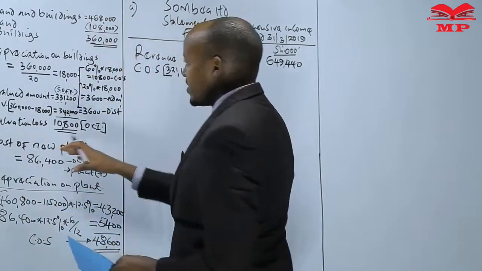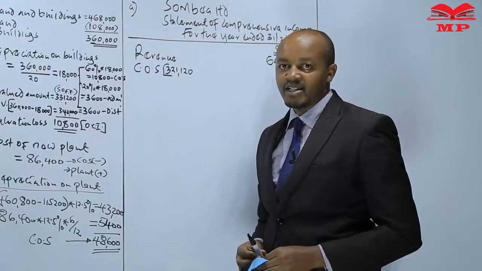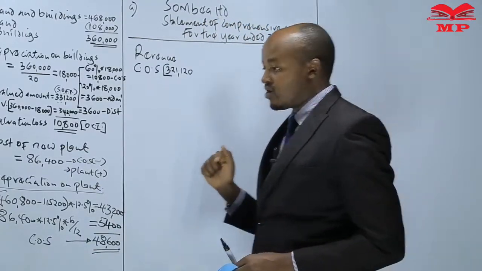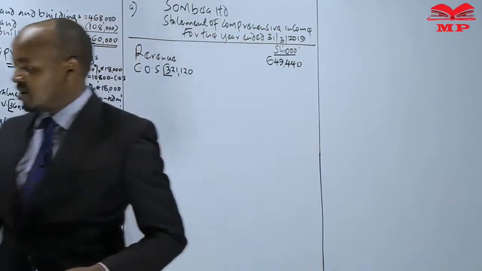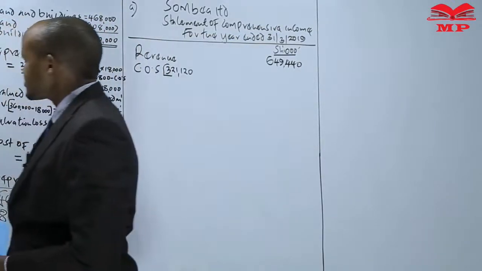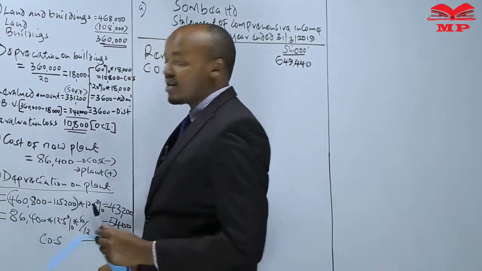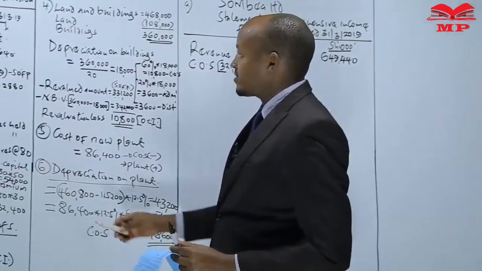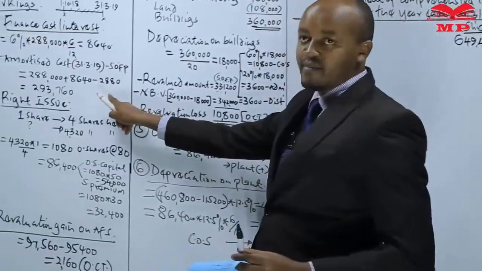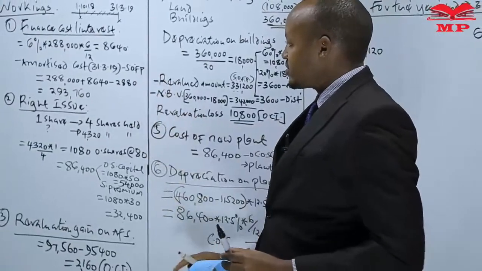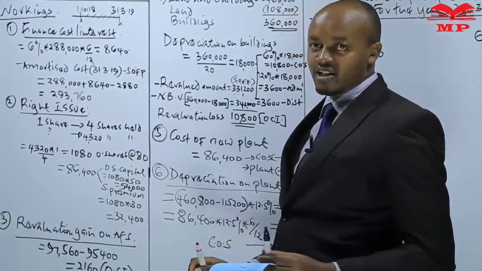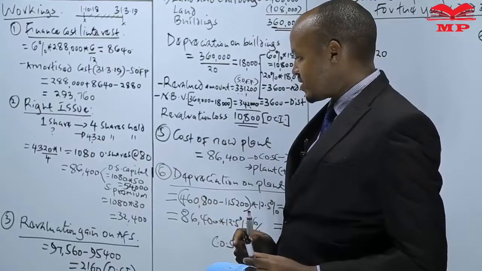And then there are a number of items which will be adjusted to the figure for the cost of sales. So if we go through the workings which we have here, working 1 is about finance cost. This will not affect our cost of sales. Working 2 is about rights issue. It will not affect the cost of sales.